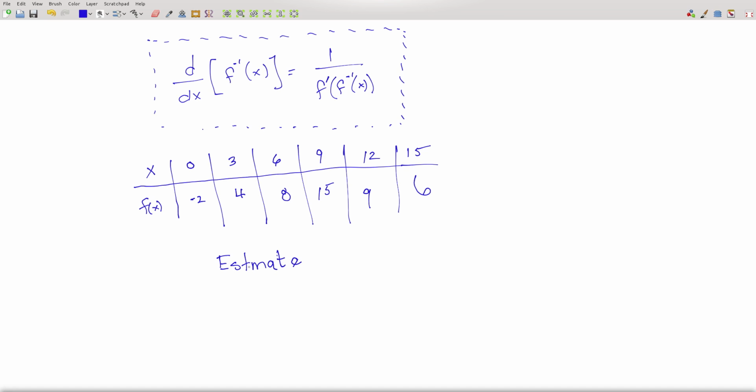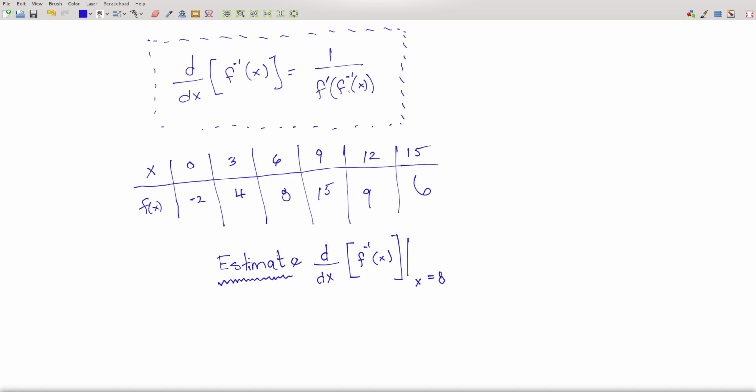Let's estimate d dx of the inverse function of f evaluated at x equals 8. Okay, so we are just trying to estimate, and we'll talk about what that means and how we do that using this table in just a moment. But let's use this nice formula.